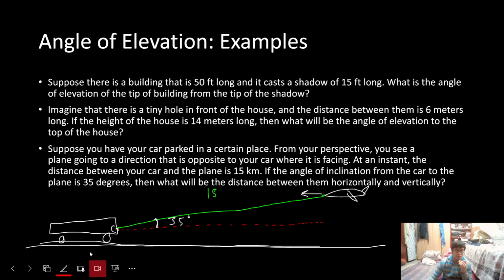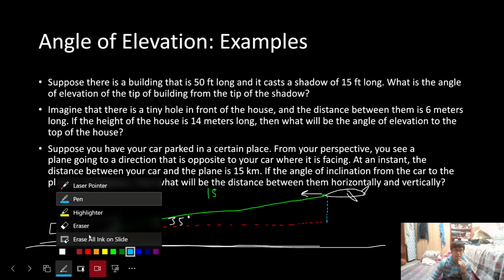So here, we're going to find the distance between them horizontally, from here going until the plane. And here, the vertical distance between them, from the car going to the plane.